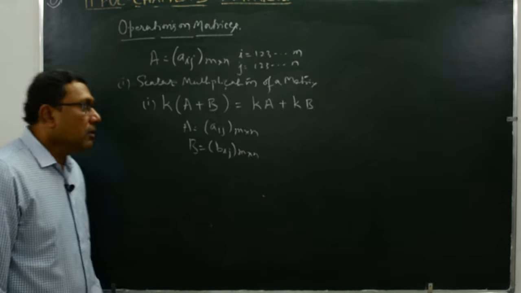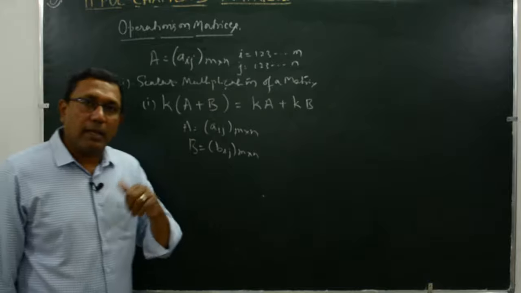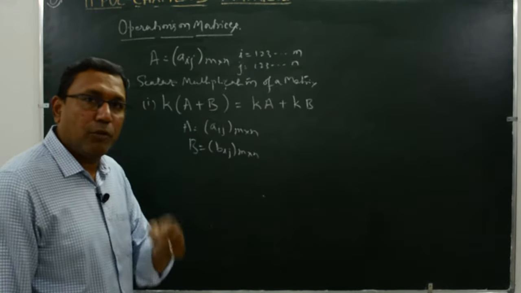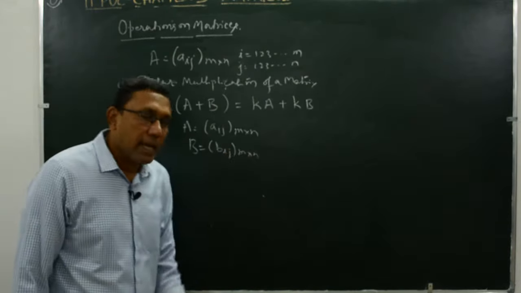So if you multiply the scalar quantity with the addition of two matrices, the resultant will be kA plus kB.